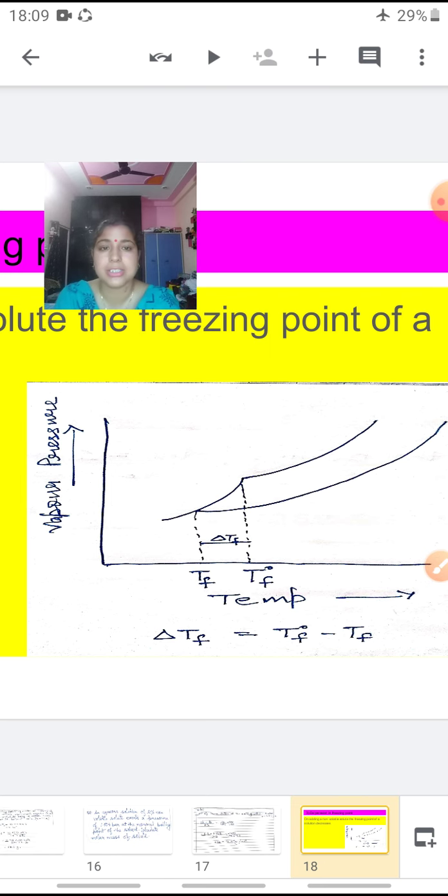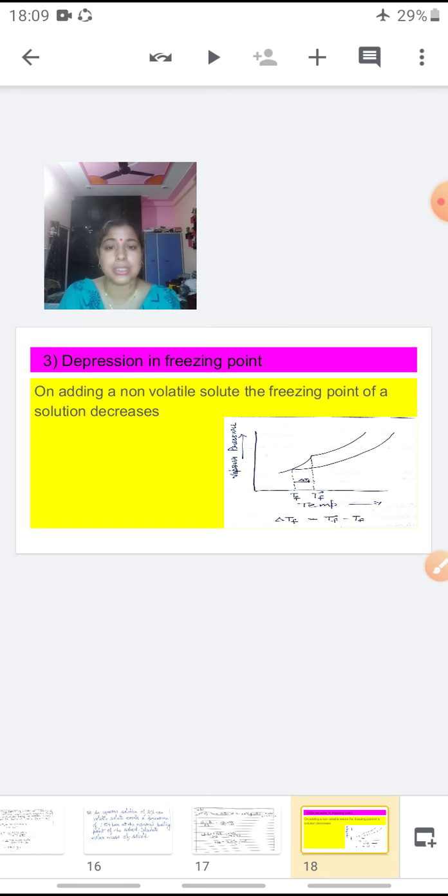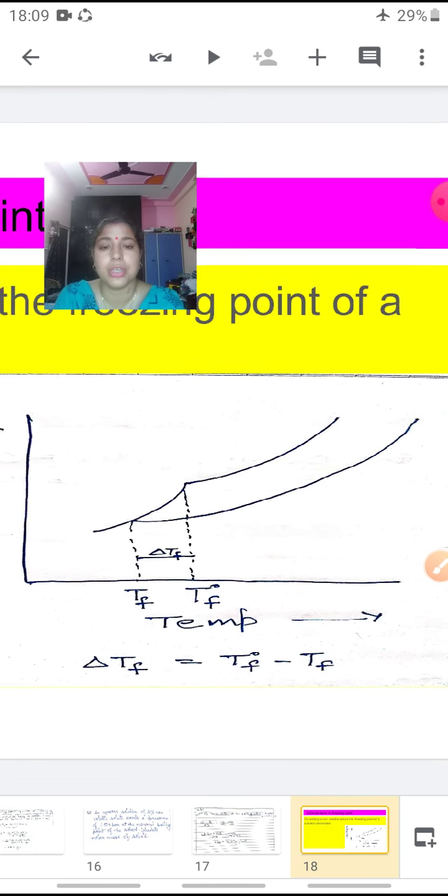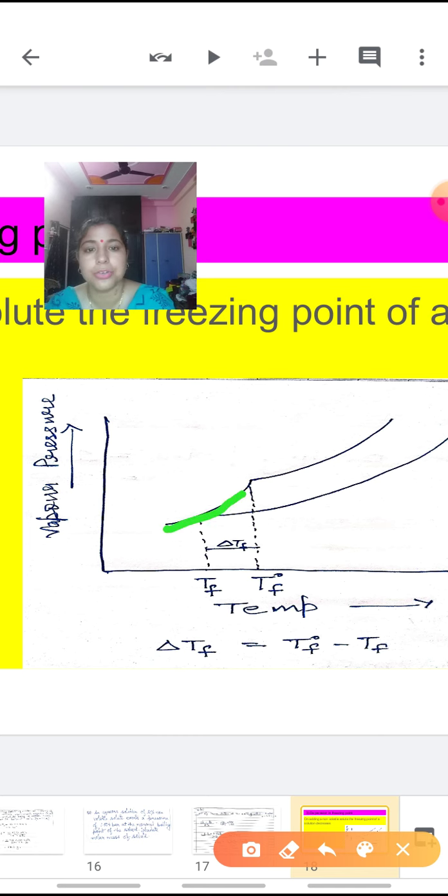Now with the help of this graph, you will get to know how this happens. On adding a non-volatile solute, the freezing point of solution decreases. Here you all can see on the x-axis is the temperature, on the y-axis is the vapor pressure. Now this line corresponds to the frozen state, and this line corresponds to the pure solvent.